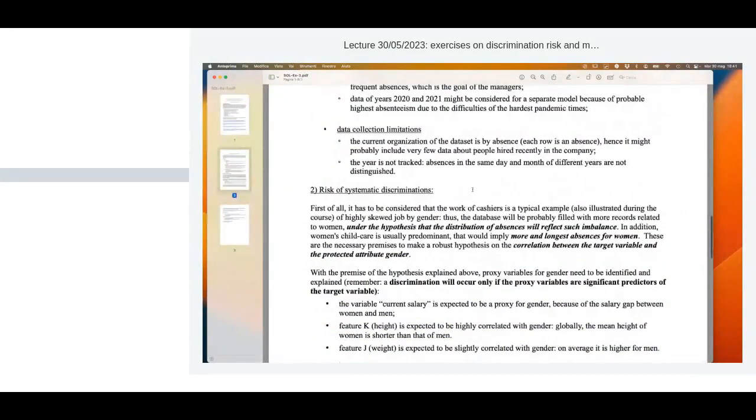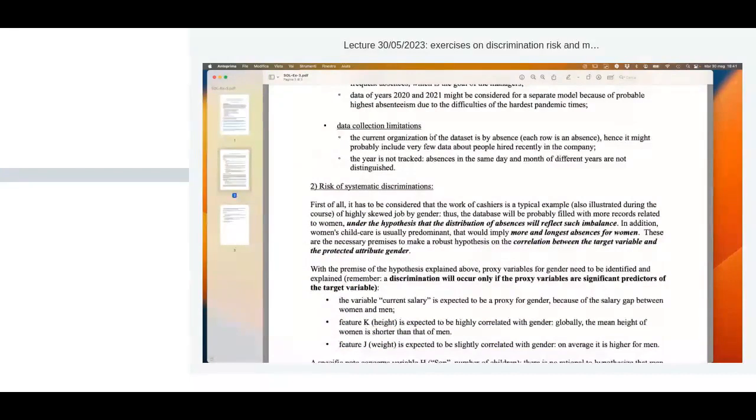Then I wrote that this exam was right after the pandemic, that years 2020 and 21 should be considered particular years with a separate model because of COVID. This was accepted as an answer.